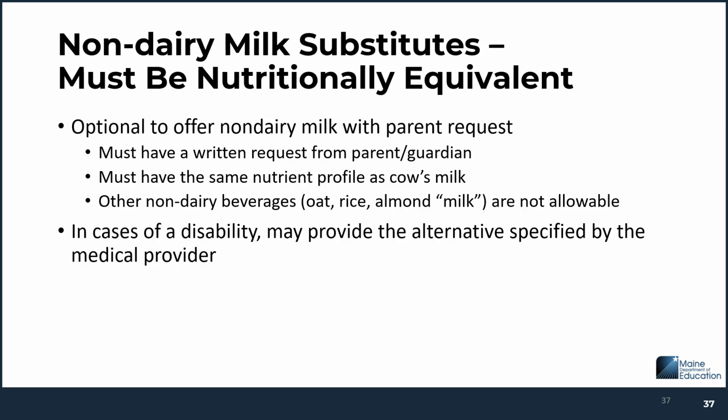To the best of my knowledge, there are some non-dairy soy beverages that meet this criteria, but many non-dairy beverages such as oat, rice, and almond milk do not meet this criteria and therefore cannot be offered in place of cow's milk in the National School Lunch Program. So again, this is optional to offer this option with a parent request.